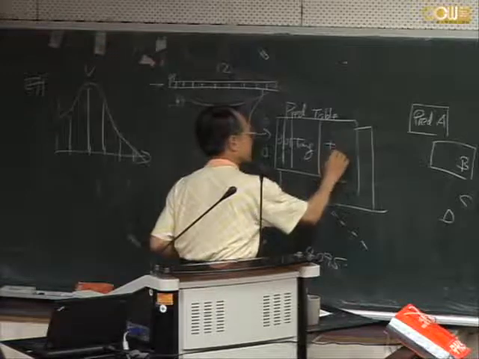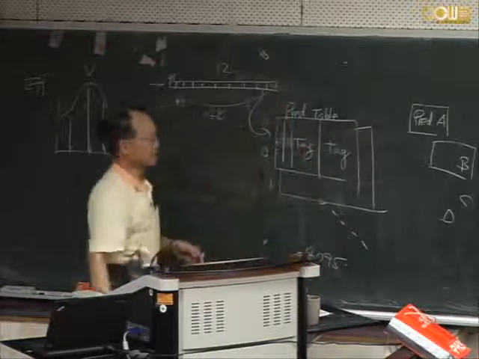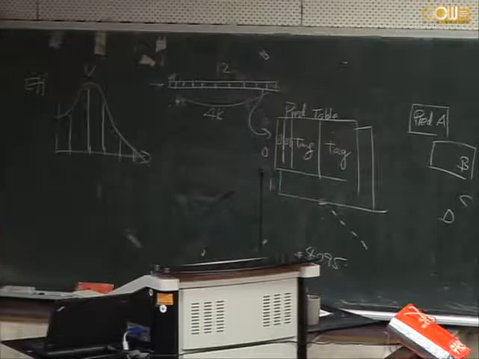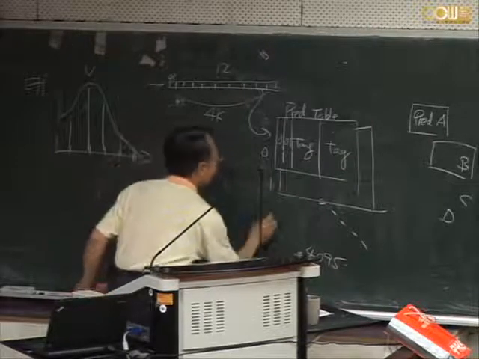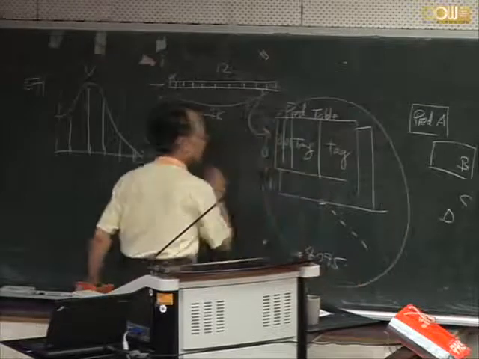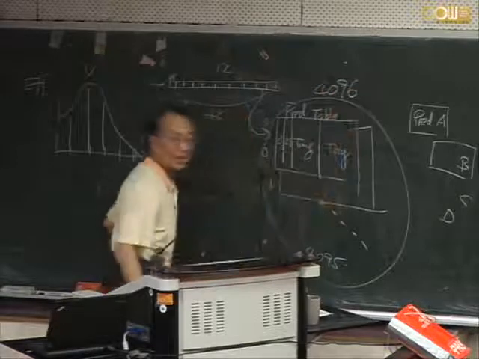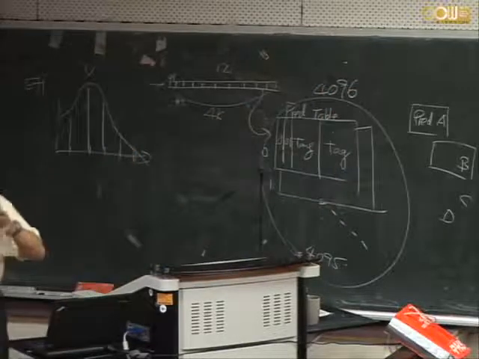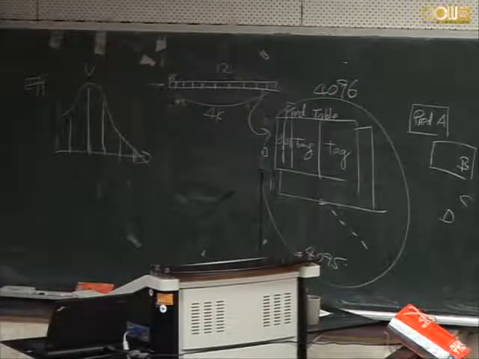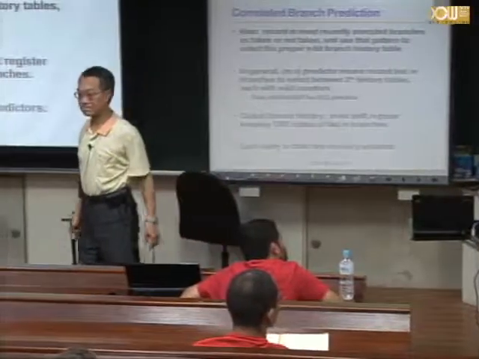Oh, tag. Every table has only one entry. So all these tables together is nothing but 4096 entries. Still an acceptable table size.